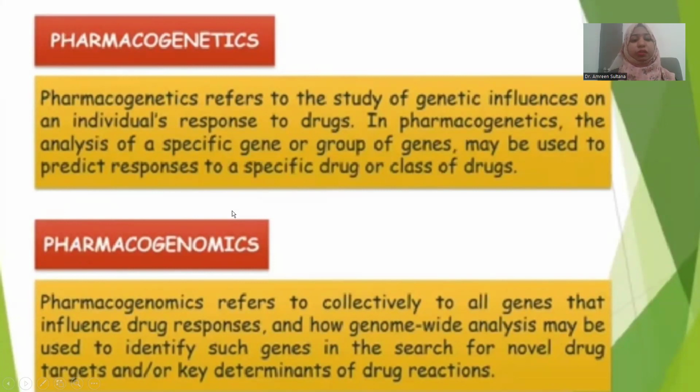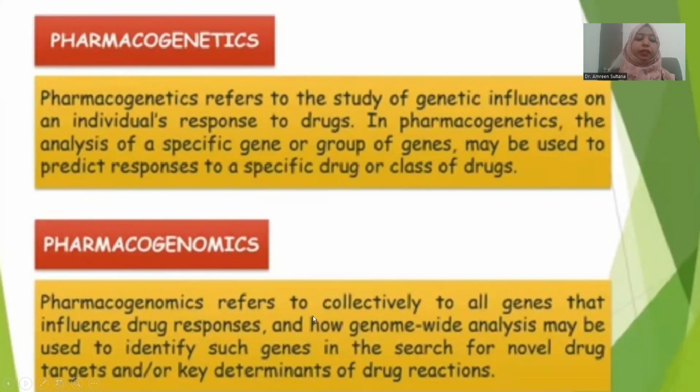Next, coming to the definition of pharmacogenomics. There is a lot of difference between genetics and genomics. Pharmacogenomics refers collectively to all genes that influence drug responses, and how genome-wide analyses may be used to identify such genes in the search for novel drug targets or key determinants of drug reactions.